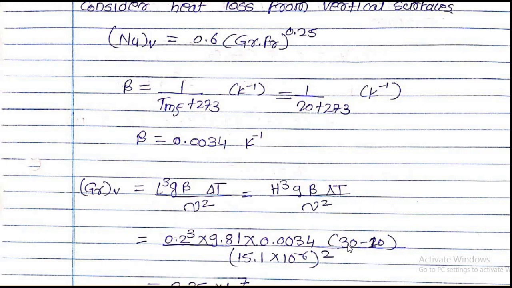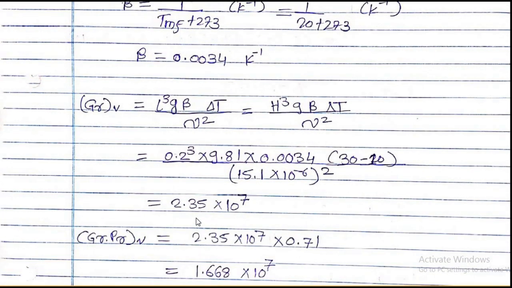Surface temperature is 10 degrees Celsius and surrounding temperature is 30 degrees Celsius, so 30 minus 10, divided by nu square. Nu is the kinematic viscosity, given as 15.1 into 10 raised to minus 6, and we square it. Then we get the Grashof number as 2.35 into 10 raised to 7.